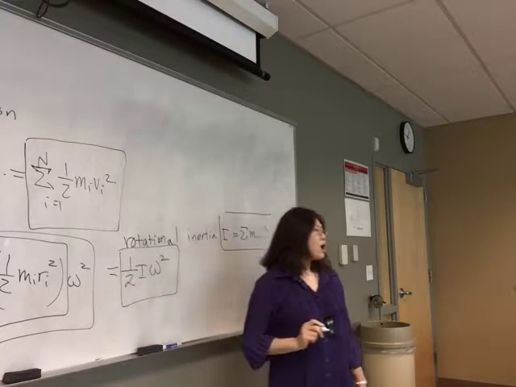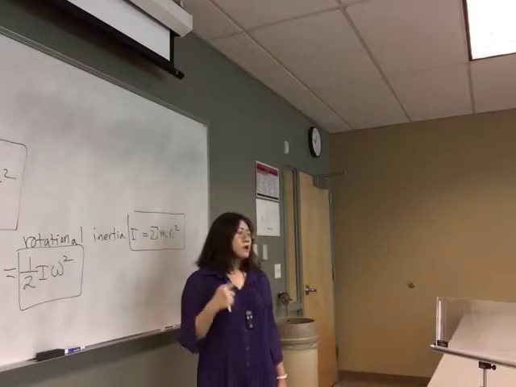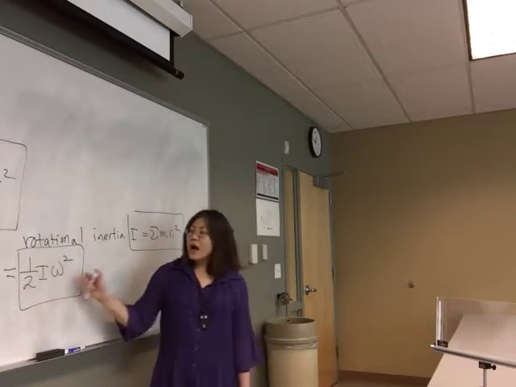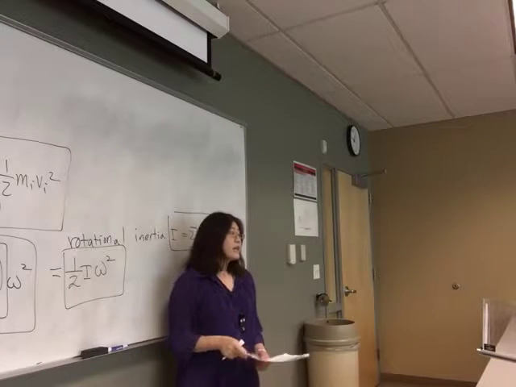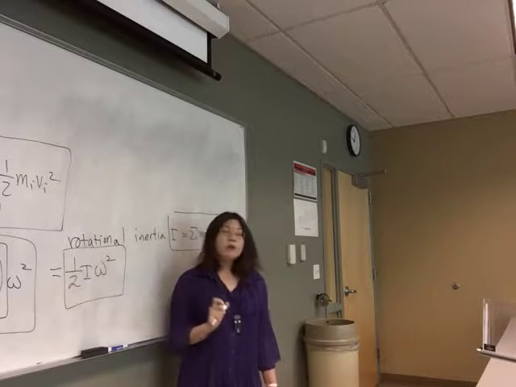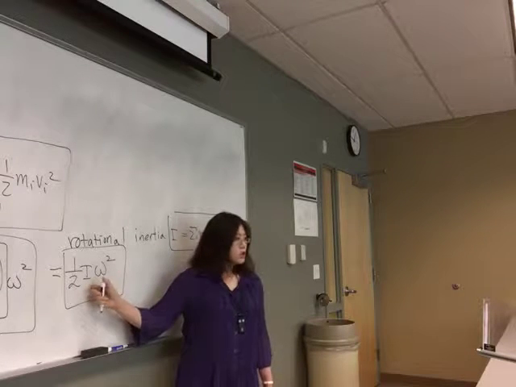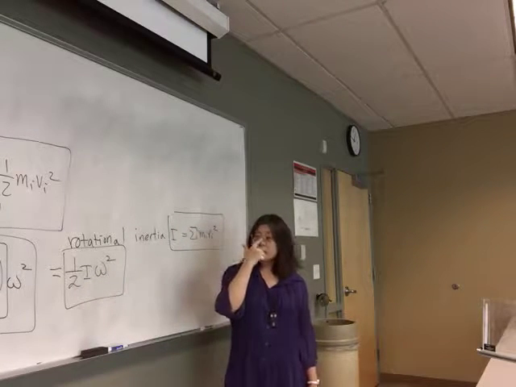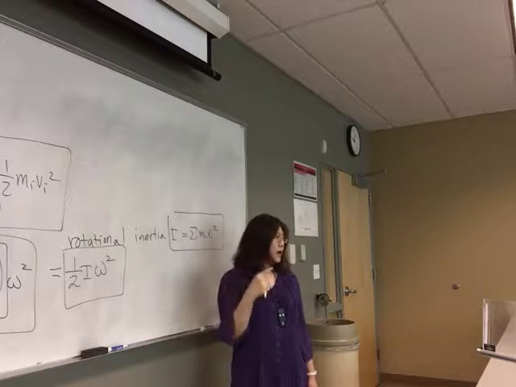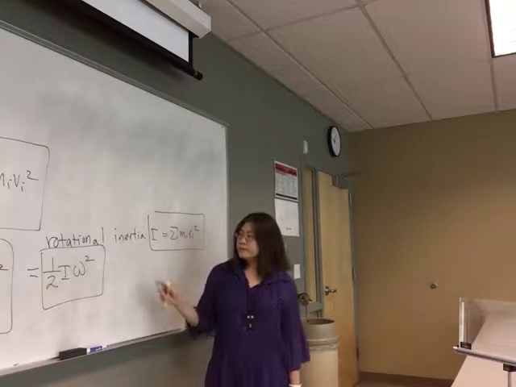So when you have an object that is rotating, how would you find the kinetic energy? This is how you calculate the kinetic energy. That would just be 1/2 rotational inertia times omega squared. Okay, and omega is the angular velocity.